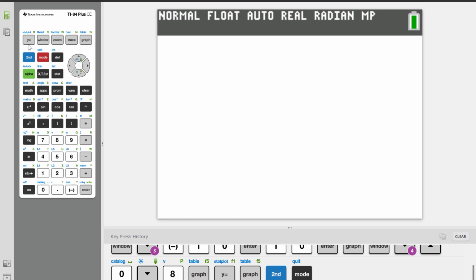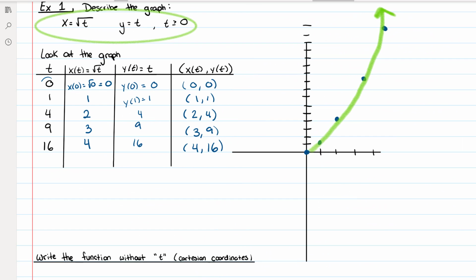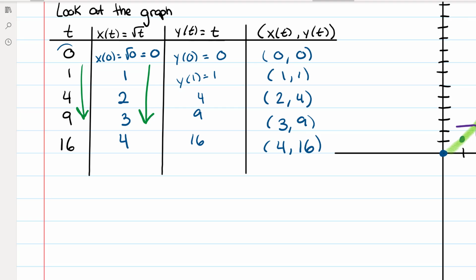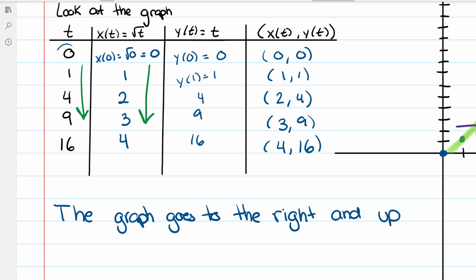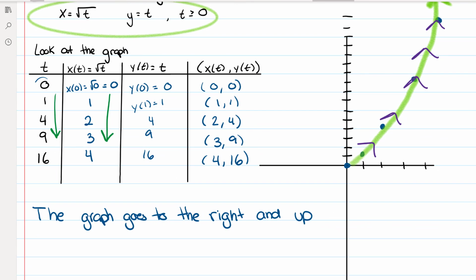As t increased, the graph moved in this motion. So it's very important that we write out how it acts. The graph goes to the right and up, right? Because sometimes when t increases, it could go the other way.